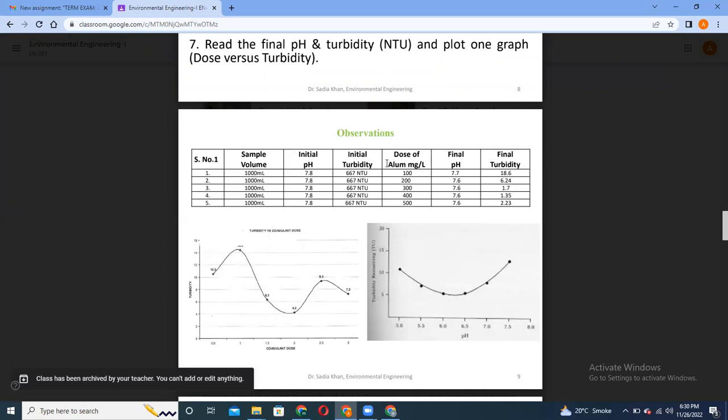After that, we'll measure the dose of alum with the measuring unit of milligram per liter. Then we'll observe the final pH using the pH scale and the final turbidity using the machine.